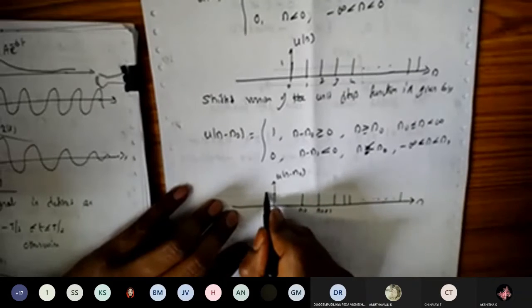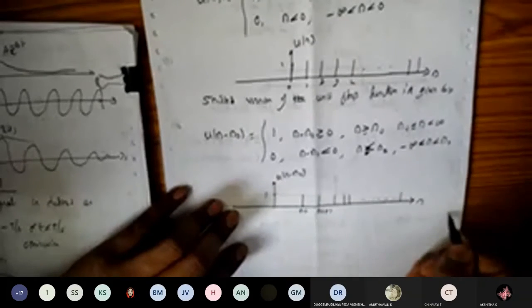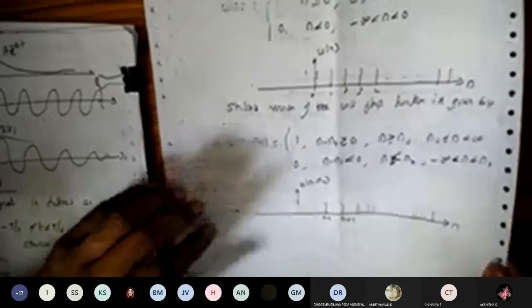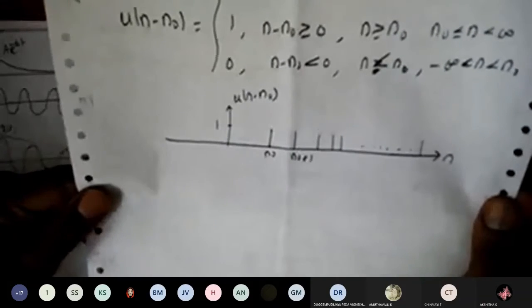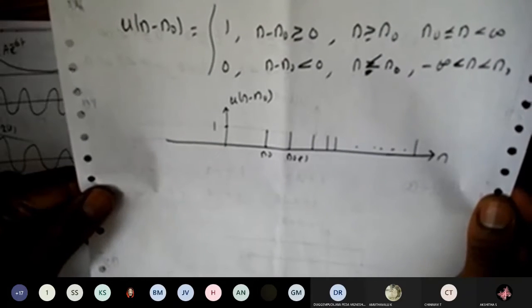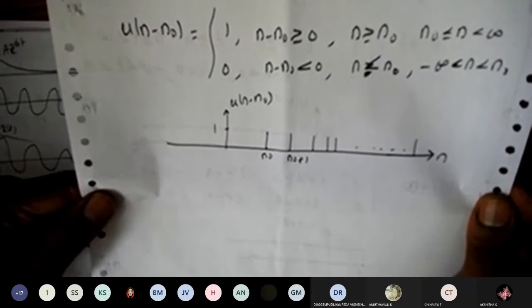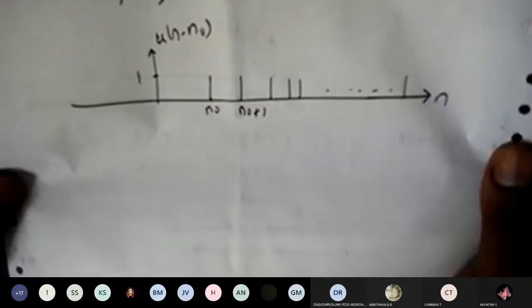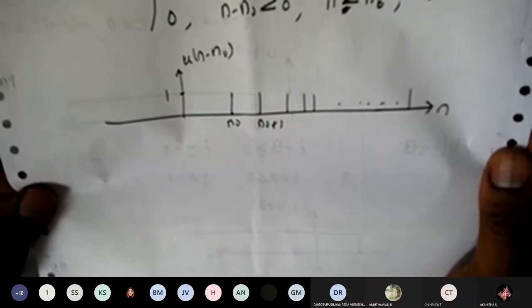So this is having the value 1. So from n naught it is going to start here. Then n naught plus 1. Okay, so like this it will take here. That is the unit step function which is shifted right side here.